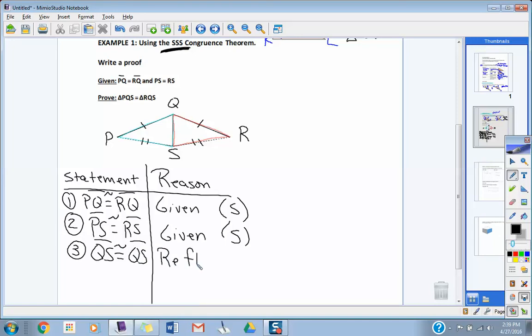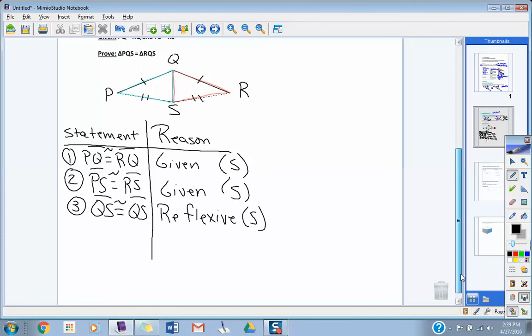Well, we found out earlier in the notes on that core concept that said, hey, if you have 3 pairs of congruent sides in triangles, then the triangles are congruent. So what can I say about these 2 triangles then? PQS and RQS.